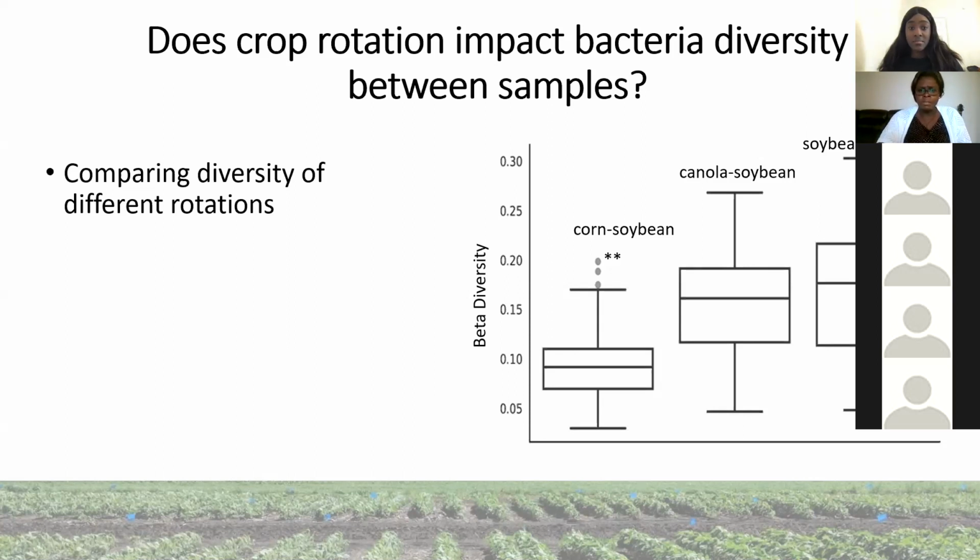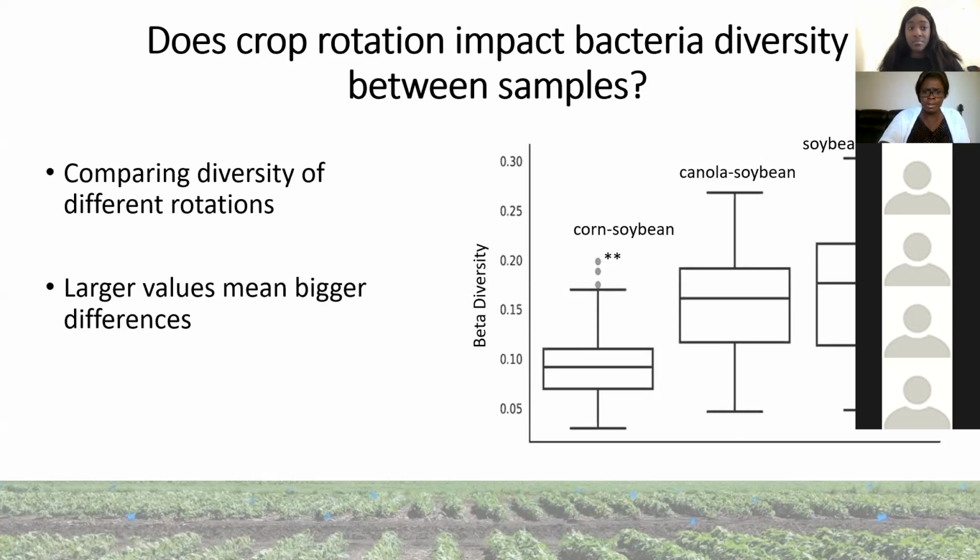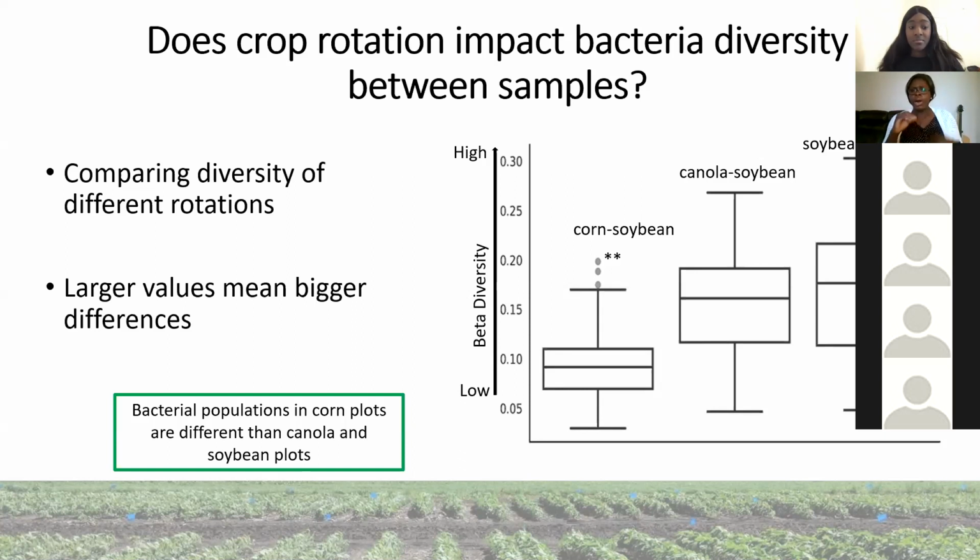With the beta diversity measure, we were able to determine that our corn soybean sample, again, was much different from the canola soybean and the soybean sample, where the bacterial population in the corn plot was a lot lower. So you guys can be wondering, why should we care about all of these things that Ayo is spilling out today?